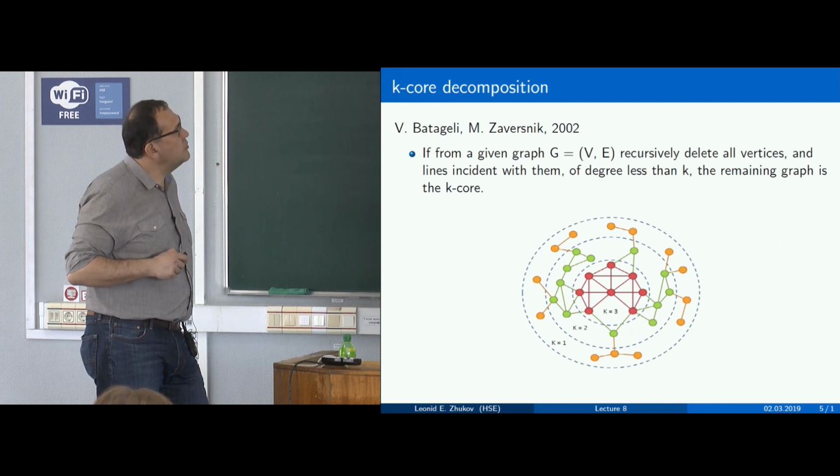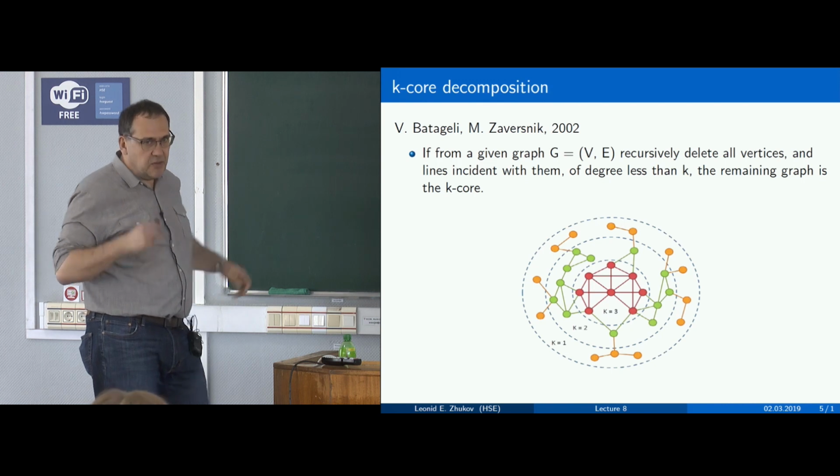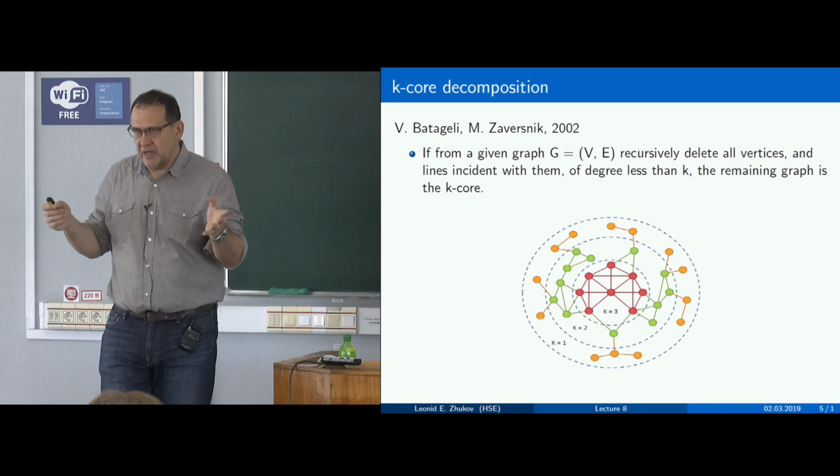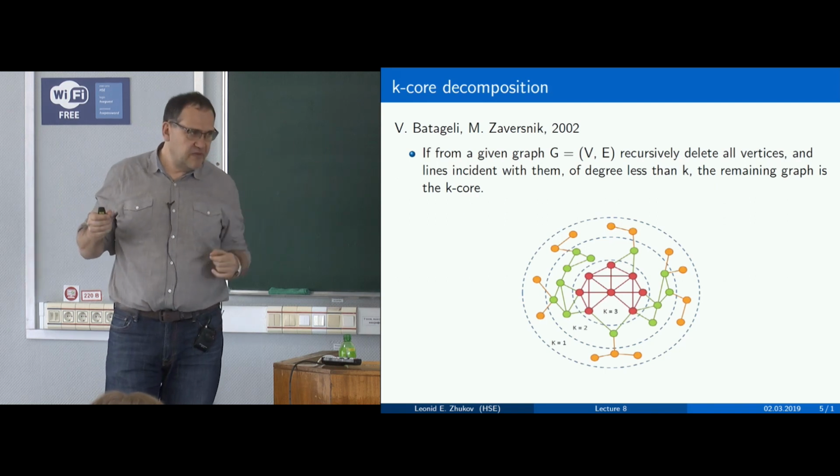So the key word in this approach is recursively: delete all vertices of degree less than k. Makes sense, the process? You take a graph. You want, for example, to find the 2-core, or core of degree 2.